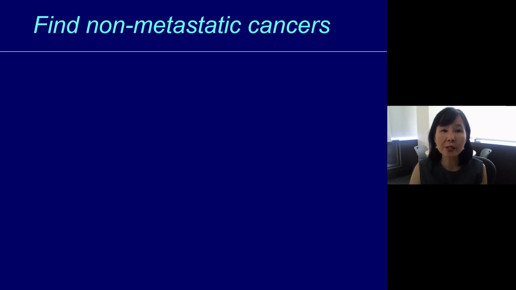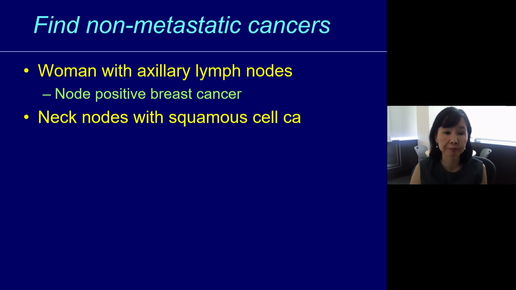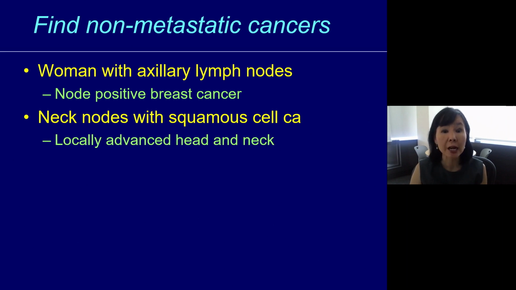And so what is the key? It's really to find treatable non-metastatic cancers. That's important. So for instance, a woman with axillary lymph nodes, that is generally going to be a node-positive breast cancer and can be treated potentially with curative intent. Neck nodes with a squamous cell carcinoma, in terms of the histology, that's actually a locally advanced head and neck cancer, and again, can be treated with curative intent.